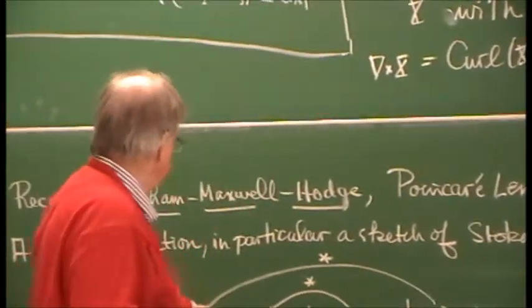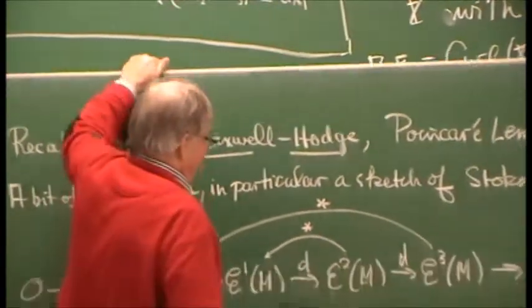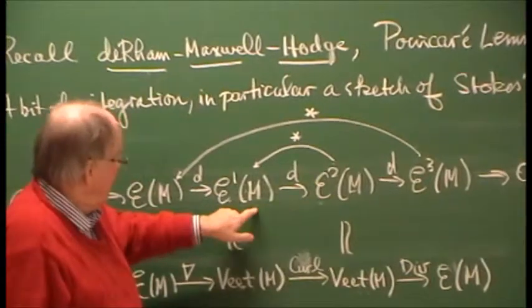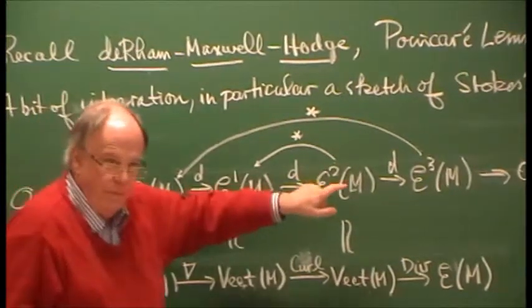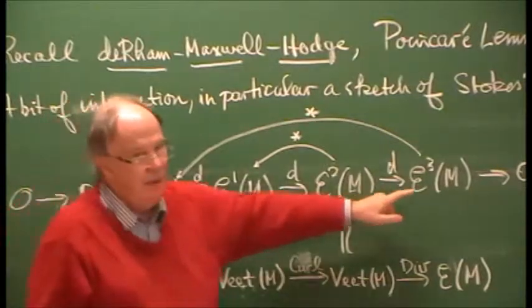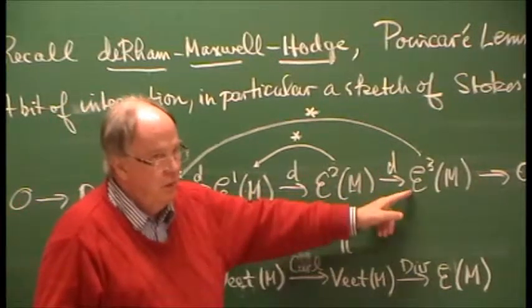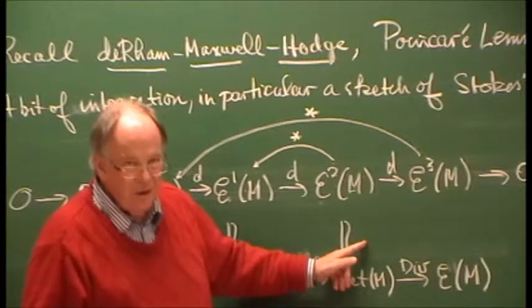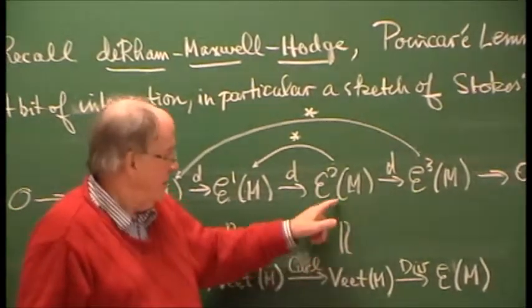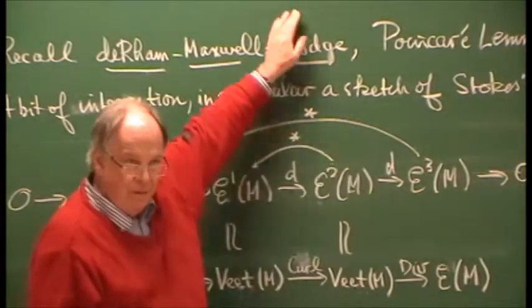Here's the top line. Given a 2 form, does there exist a 1 form so that d of the 1 form equals the 2 form? We know this is a complex. D squared equals 0. So a necessary condition is that the given 2 form is annihilated by d.